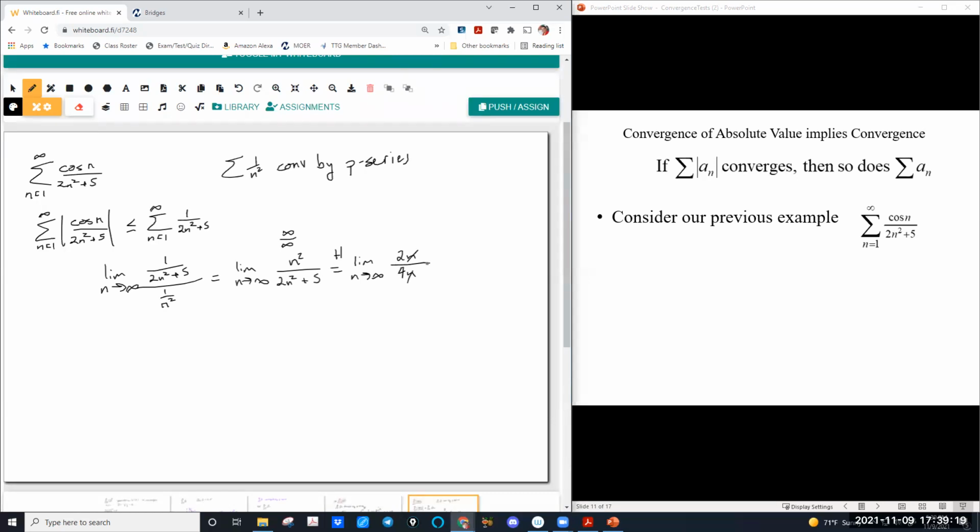Those n's cancel. The limit of 2 over 4 is 1/2. That is a non-zero finite number. So we know the sum from n equals 1 to infinity of 1 over 2n squared plus 5 converges.